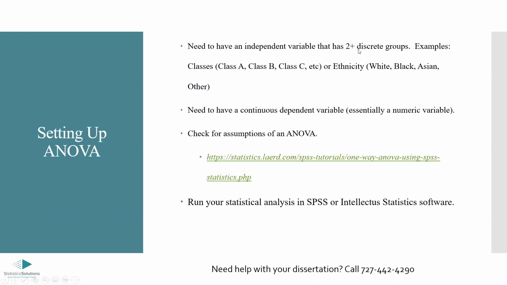But if you have two or more, usually three groups or more, you can do an ANOVA. And discrete means that each participant only falls into one group. So you can't have overlap into multiple groups. For example, if you're looking at comparisons between classes and you have class A, B, C, D, and so forth, you couldn't have a student that is in multiple classes.